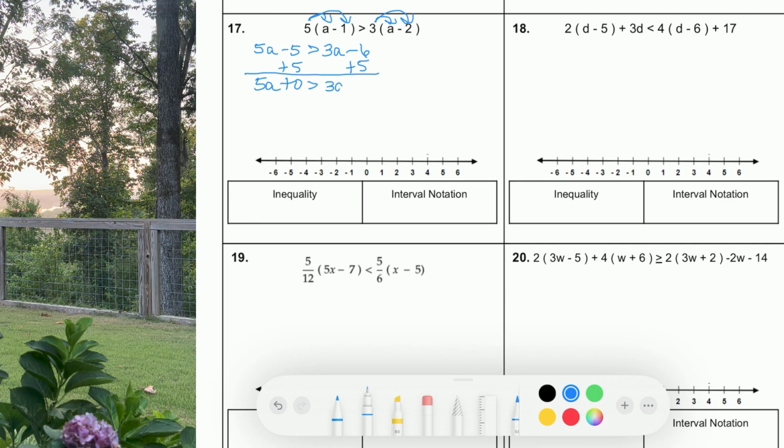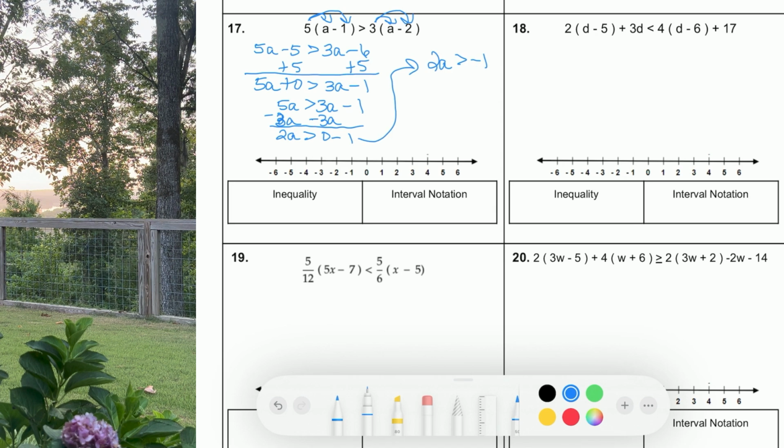That gives me 5a plus 0 is greater than 3a minus 1. Rewrite it. Now I need to subtract 3a from both sides. I end up with 2a is greater than 0 minus 1.